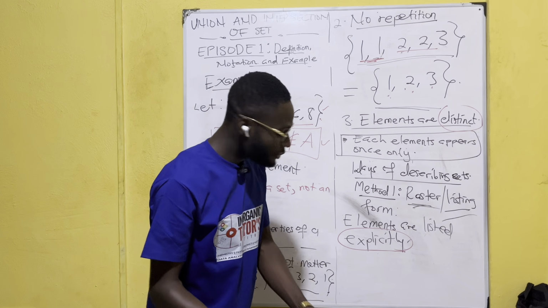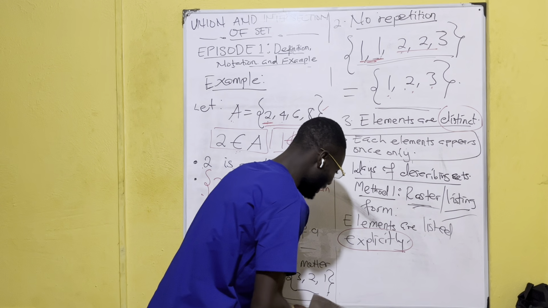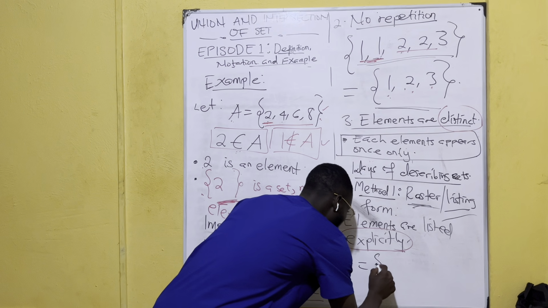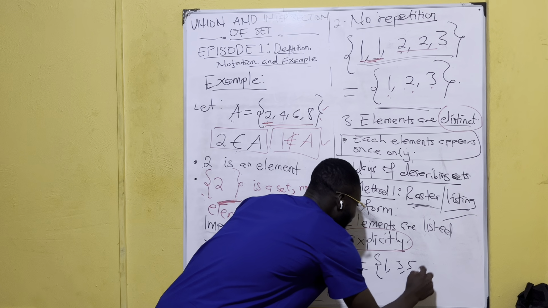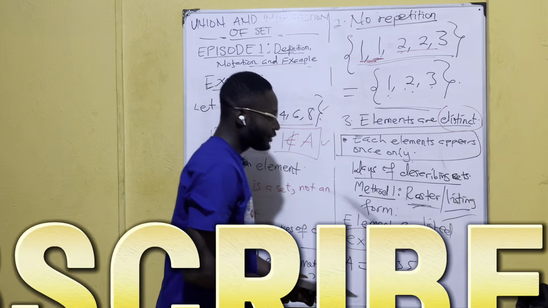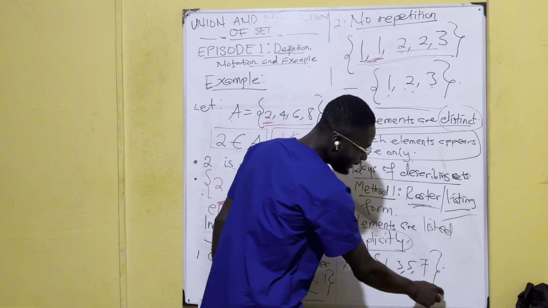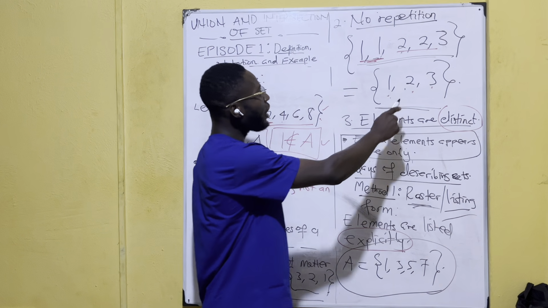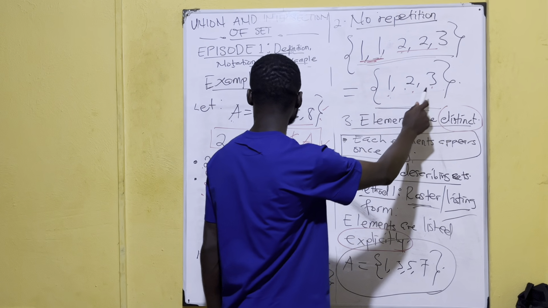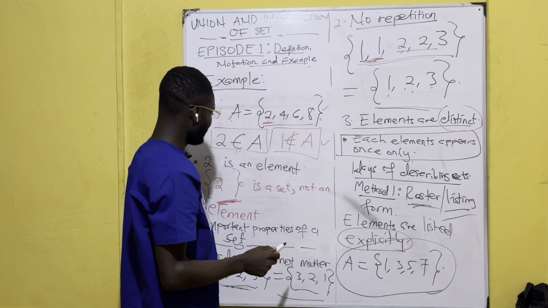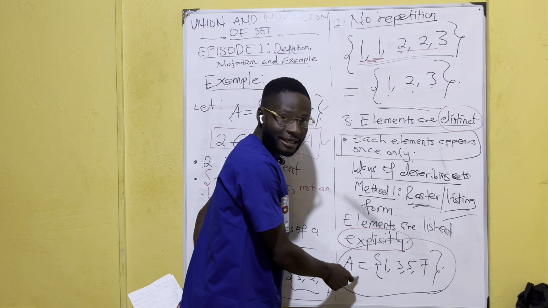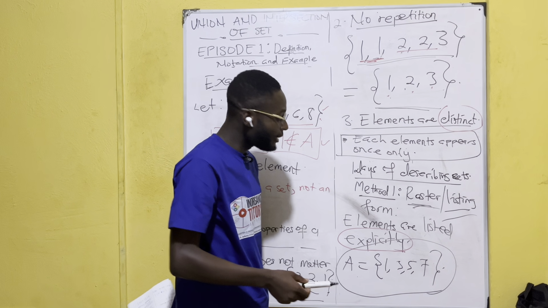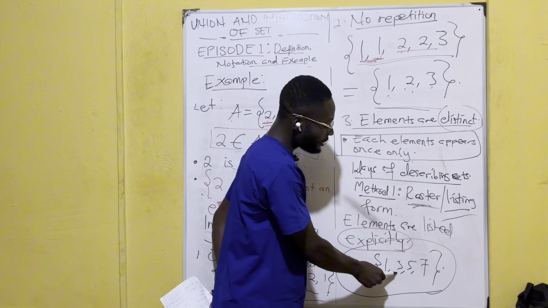So let's look at some sets. A set like A equals 1, 3, 5, and 7. We have been very explicit on this set. We have listed it explicitly because we can see that we have 1, 3, 5, 7.